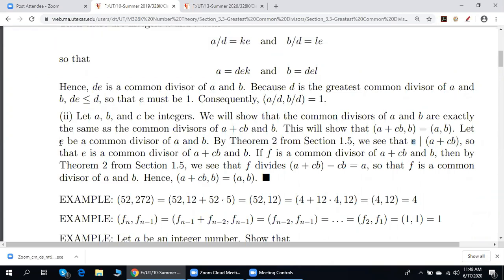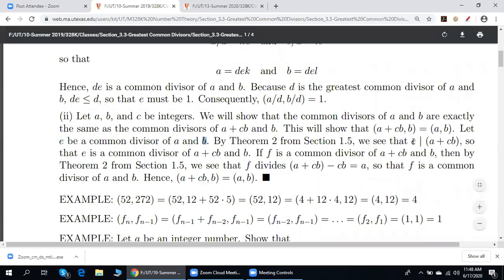So, if E is a common divisor of A and B, E is a common divisor of A plus CB and B. Because, according to what is written here, E divides B, and according to what is written here, E divides A plus CB. So E is a common divisor of this and this.